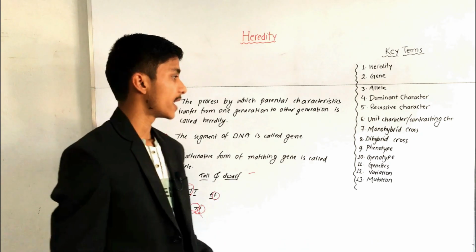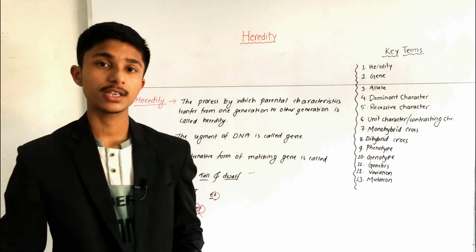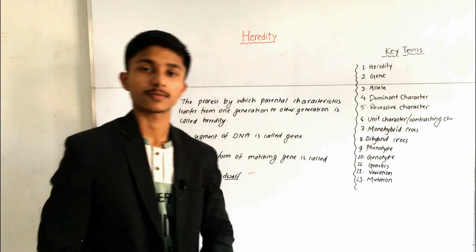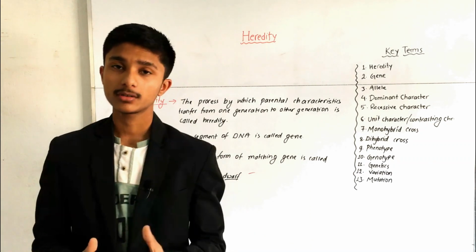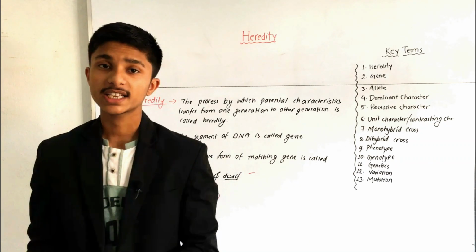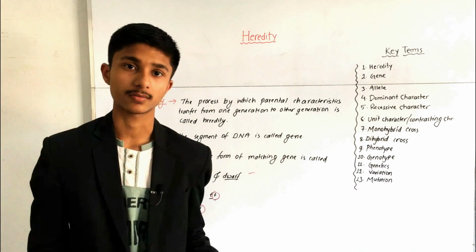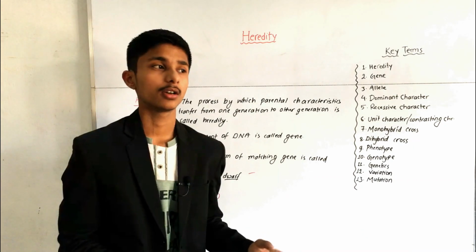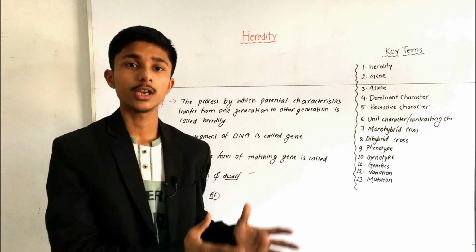Okay, now we go to the next topic, that is dominant character. What is a dominant character? It is the character which gets expressed by suppressing other characters. Suppose someone is dominant, we can take the example of Hitler.